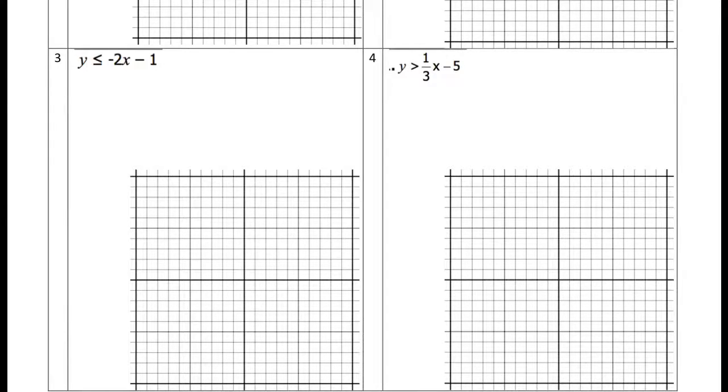So I have y is less than or equal to negative 2x minus 1. Again, this is also in mx plus b form, which makes pulling out the information I need to graph this inequality a lot easier, because I can recognize that b is negative 1, which means the beginning point of my graph is (0, -1).